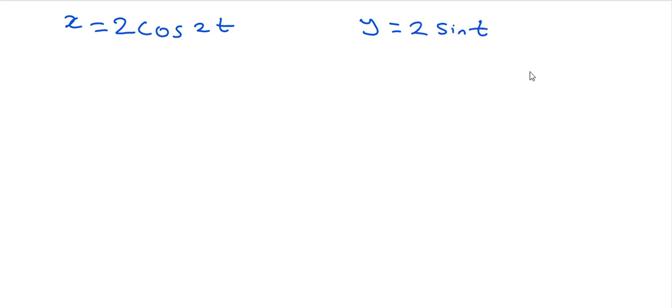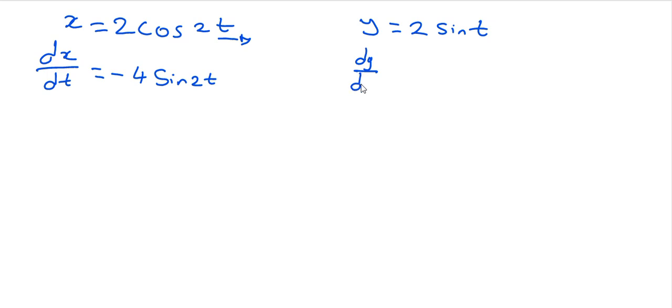Remember, we're going to differentiate the function of x: dx over dt, in terms of t, is going to be negative 4 sine 2t. And on the other side, we're going to have dy over dt equals 2 cos t.